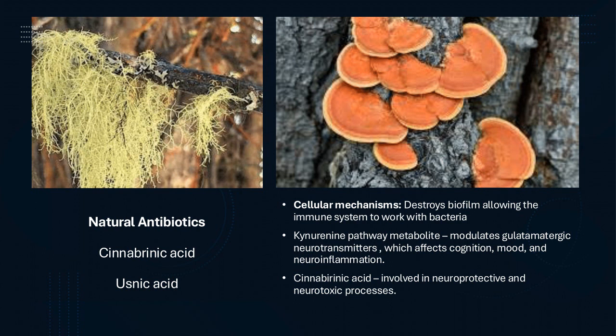So the kynurenine pathway metabolite, the kynurenine pathway is a really important conversation in neuroscience, and this particular metabolite is the single most understudied metabolite in that pathway. There's only 40 papers in the world on this particular compound.